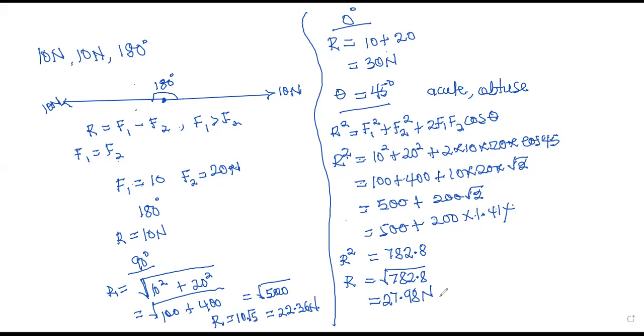So I think we are on 51. What is the magnitude of the vector sum of the two concurrent forces represented in the diagram? So we have two forces acting perpendicularly to one another.